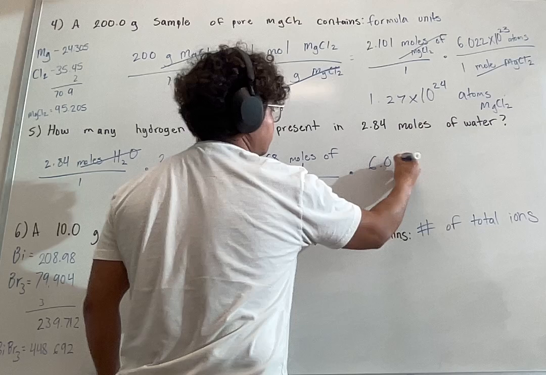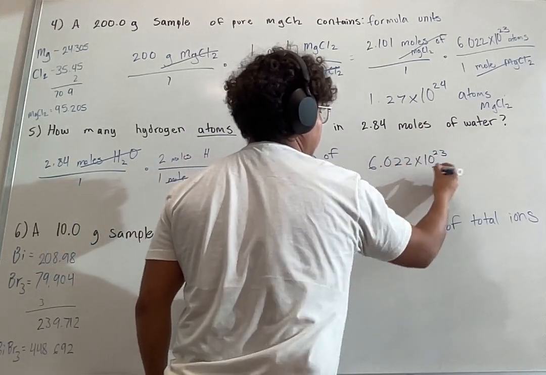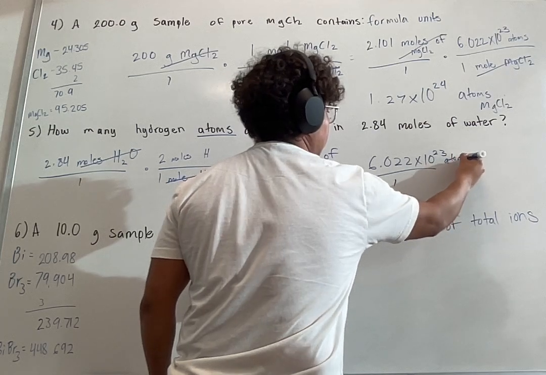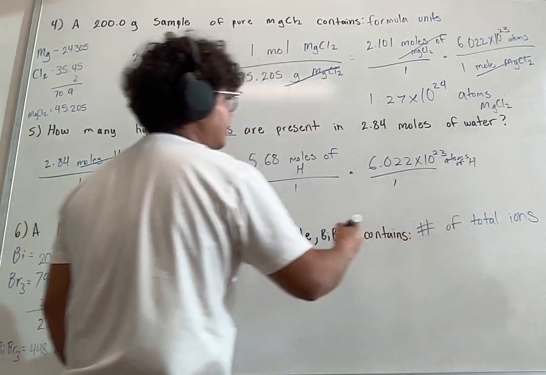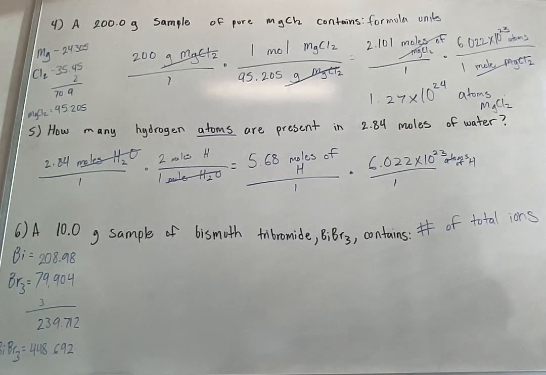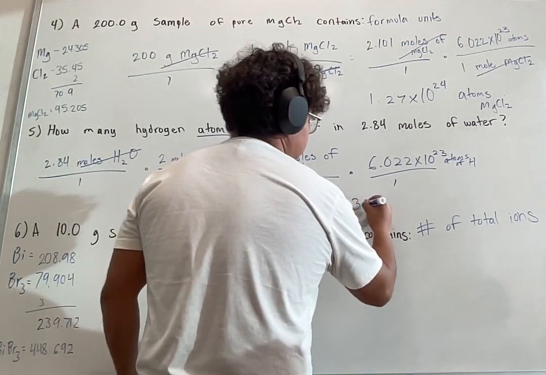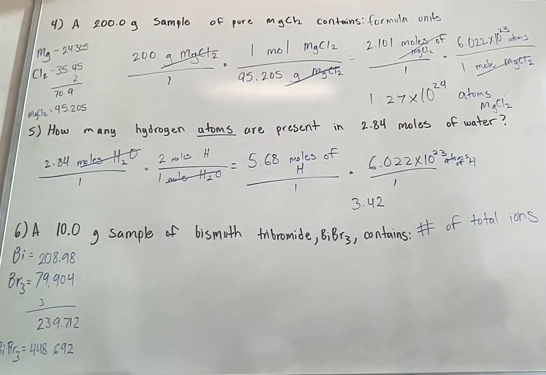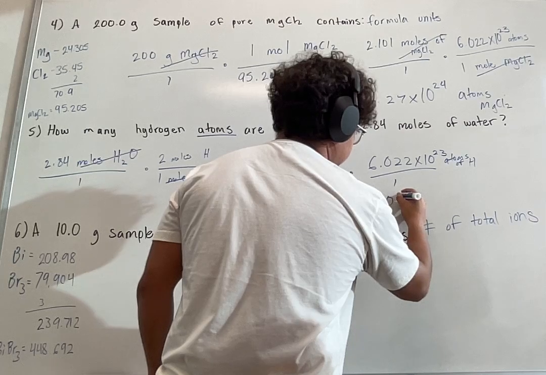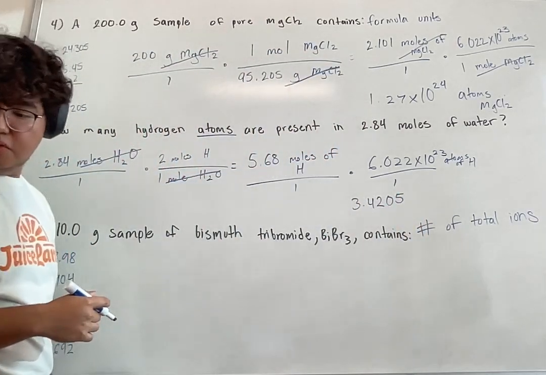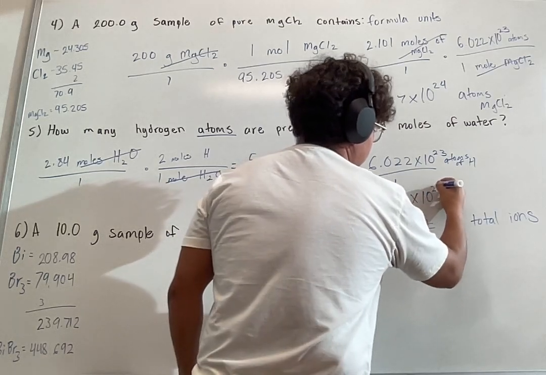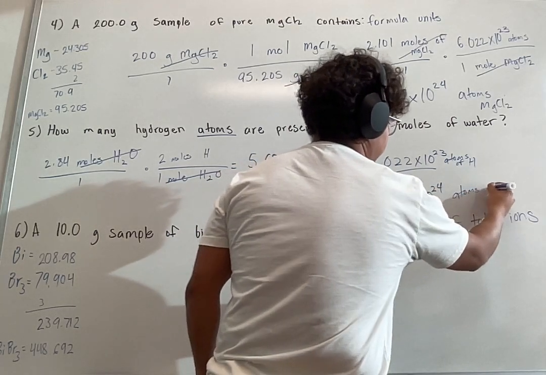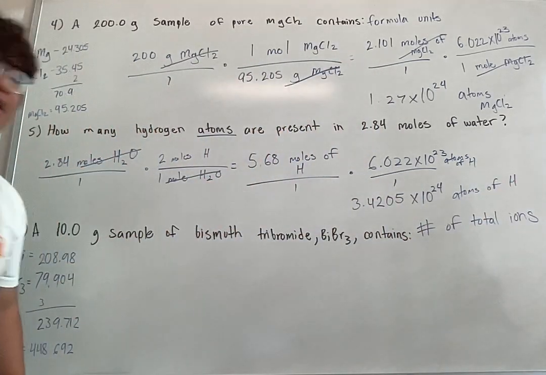Multiply by 6.022 times 10 to the 23rd atoms of hydrogen, which would give you, bear with me, 5.68 times 6.022, which is 3.42, let's do 05 because there's a 6 after that, times 10 to the 24th atoms of hydrogen. So there we go. That's where my hydrogen earlier came from.